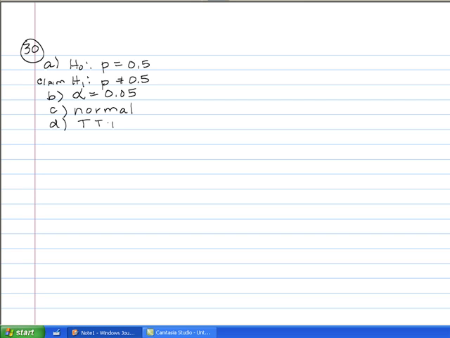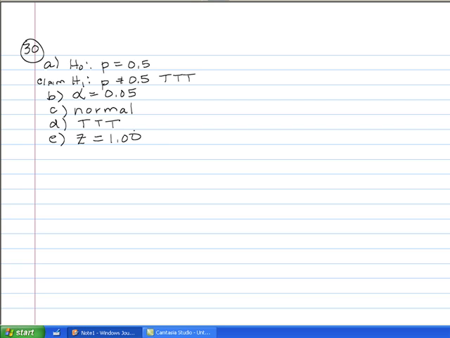All right, part E, what is the value of the test statistic? So Z will be 0.1. The P-value is going to be, and I'm going to do this quickly.